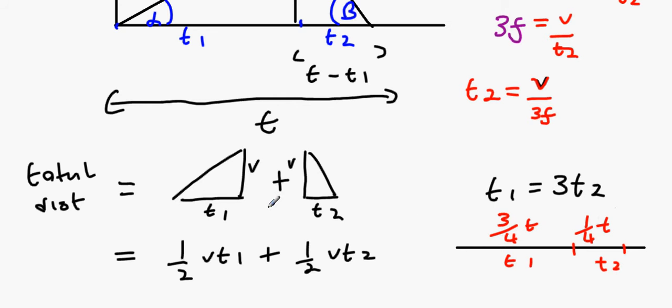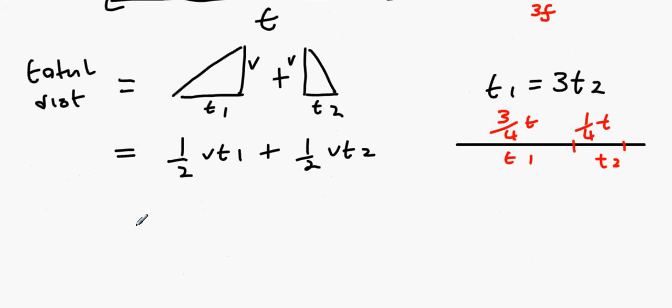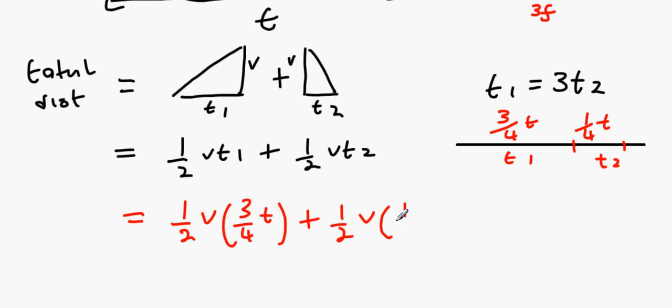Okay, so now we're going to find the total distance, and we're going to get a half v times 3/4 t. 3/4 of the time goes to T1, and then we're going to get a half v times 1/4 t, because basically 1/4 of the time belongs to T2.